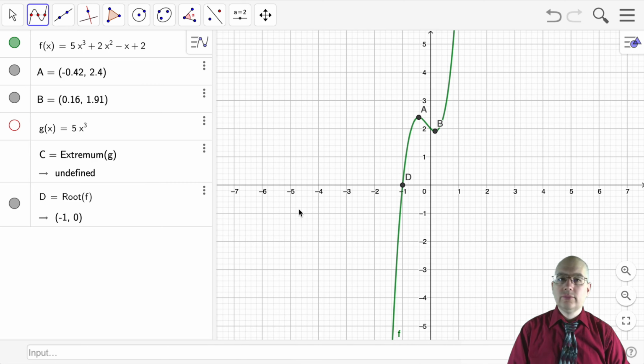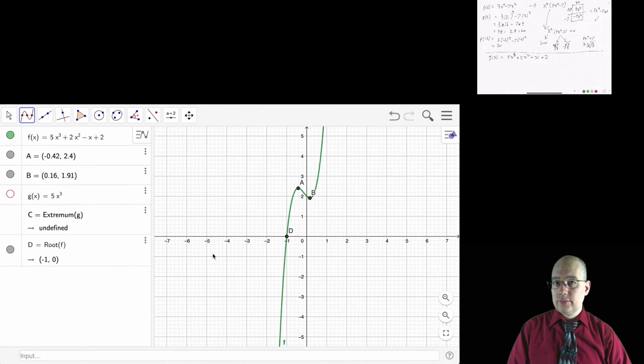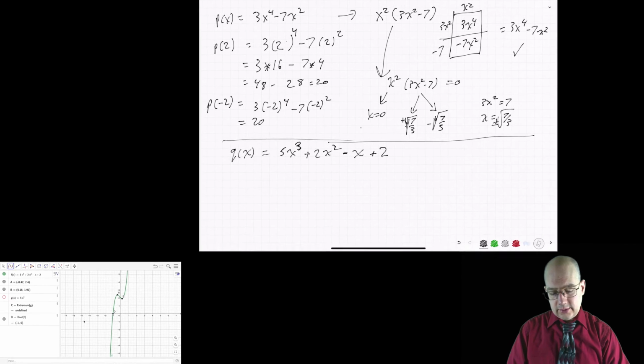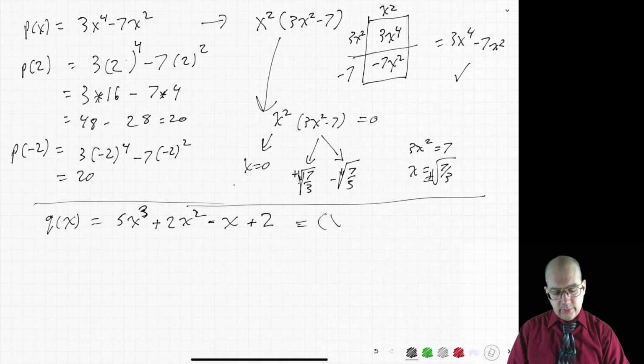Okay, so I had a nice root. So this tells me that there's actually a factor here. It goes x plus 1. And then what is this rest of the stuff?